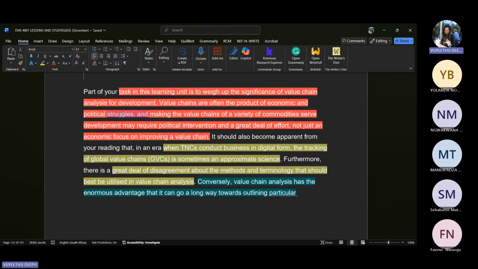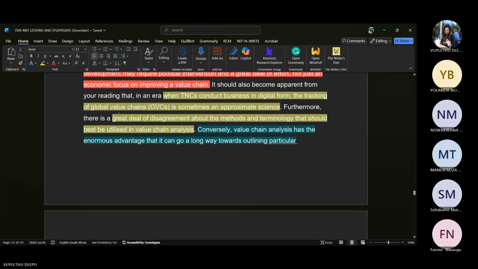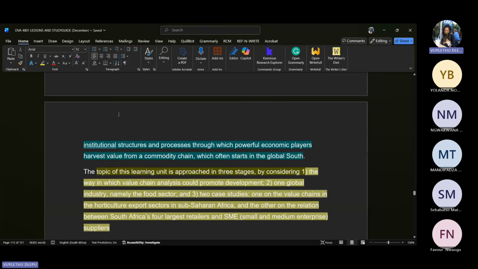It should also become apparent from your reading that in an era when TNCs conduct business in digital form, the tracking of global value chains is sometimes an approximate science. Furthermore, there's a great deal of disagreement about the methods and terminology that should best be utilized in value chain analysis. Conversely, value chain analysis has the enormous advantage that it can go a long way towards outlining particular institutional structures and processes through which powerful economic players harvest value from a commodity chain, which often starts in the global south.